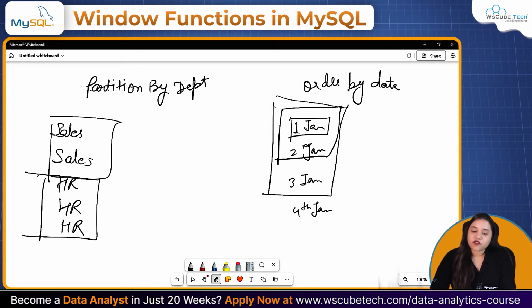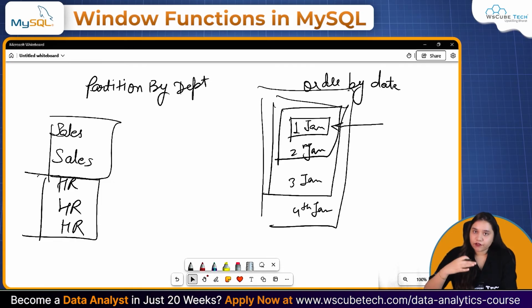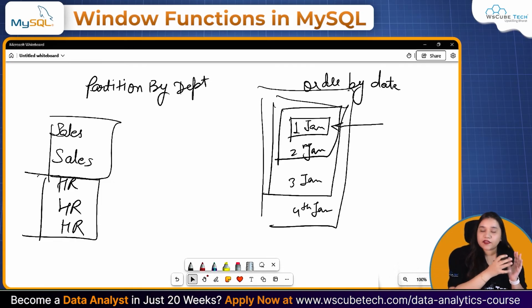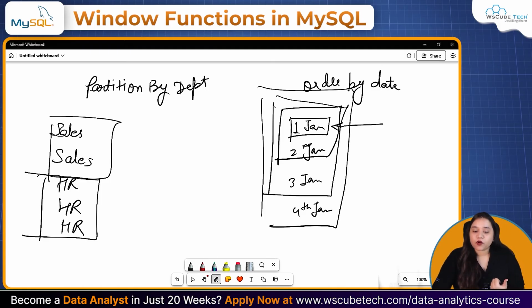So basically it is finding the sum based on the ascending order of the date. The fourth partition would be this. So it's creating a window again, but every time the window is increasing by the ascending order of our data. So this is what order by means.